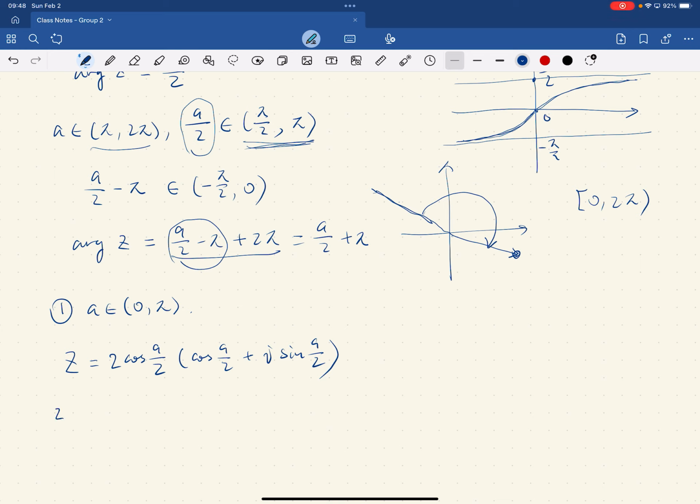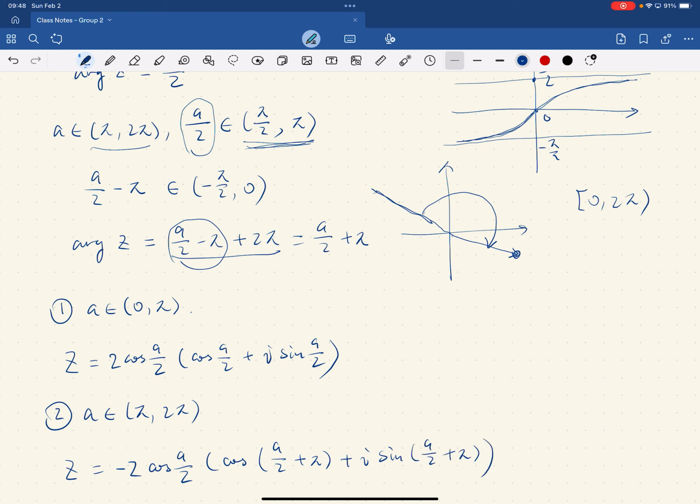The second case is a from pi to 2 pi. Here, cosine a over 2 is negative, but the modulus has to be positive, so we put a negative sign here. And we have the argument as a over 2 plus pi: cosine and sine of a over 2 plus pi.